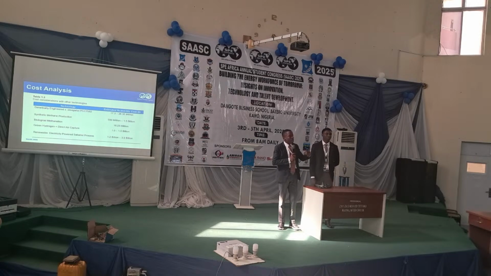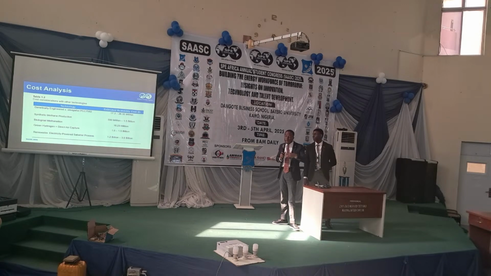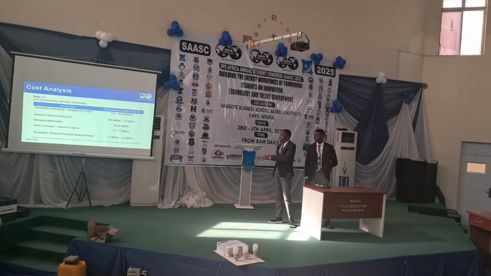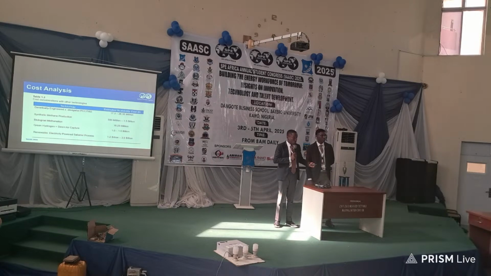Now we are making a cost analysis with other technologies. Our technology incorporates most of the mechanisms used in these technologies. These are other technologies for producing zero carbon methane. Synthetic methane production tries to produce methane from carbon dioxide and hydrogen.